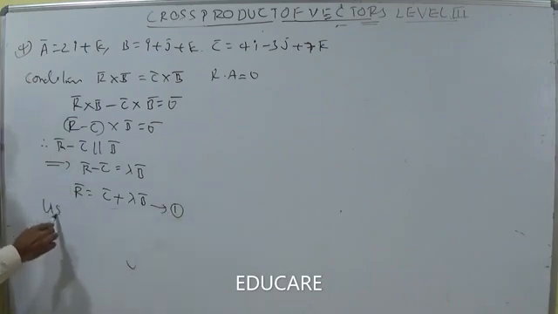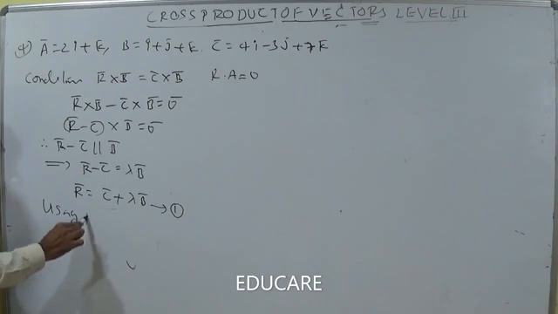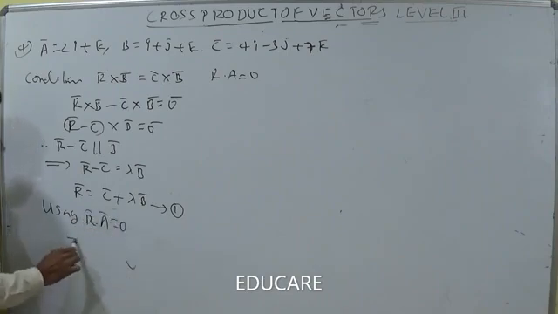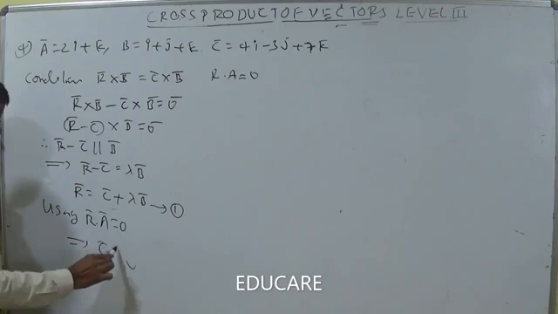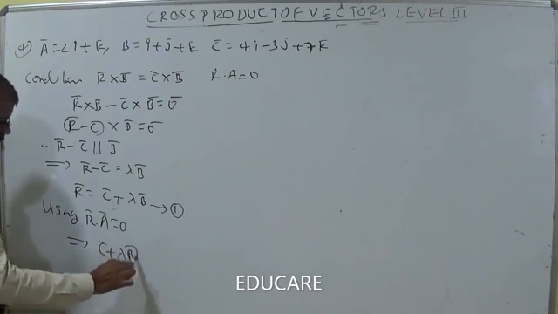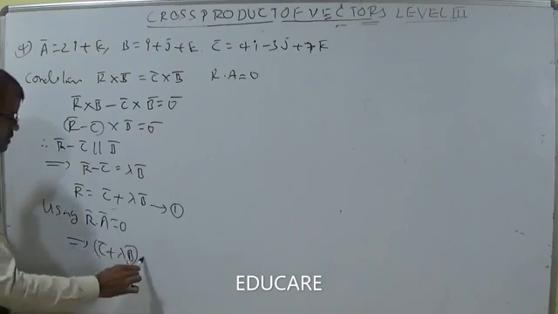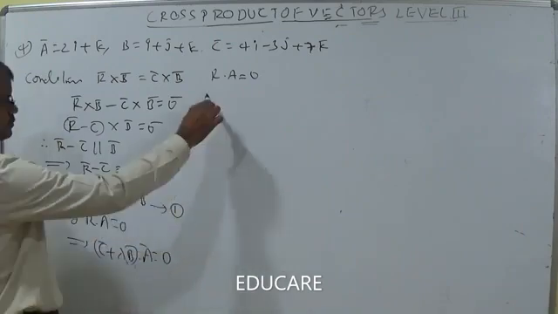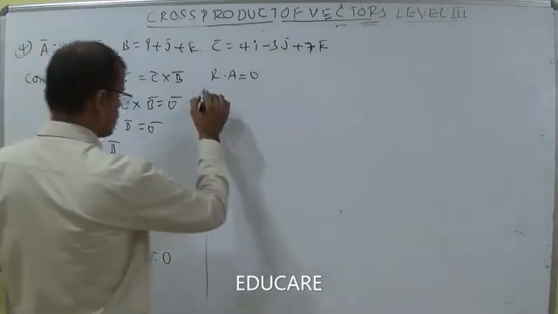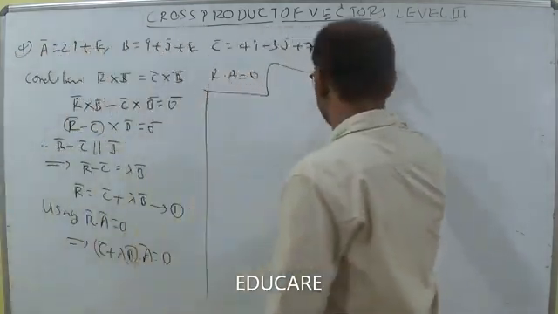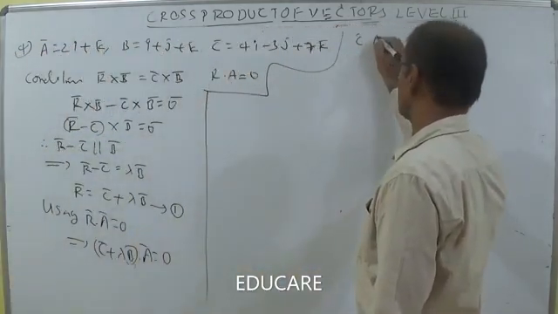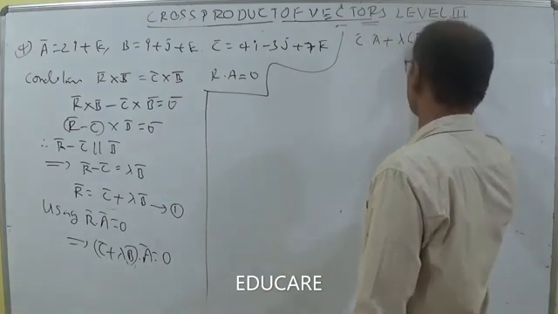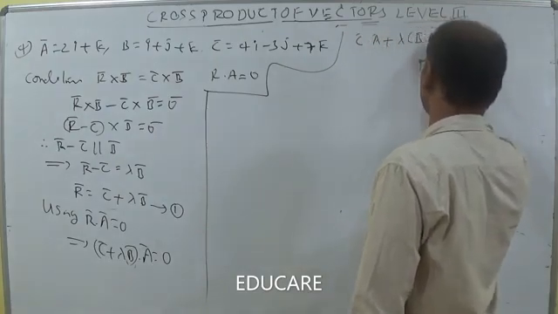Using R bar dot A bar is equal to 0, that implies C bar plus lambda B bar dot A bar equal to 0. Then you can write C bar dot A bar plus lambda into B bar dot A bar equal to 0.